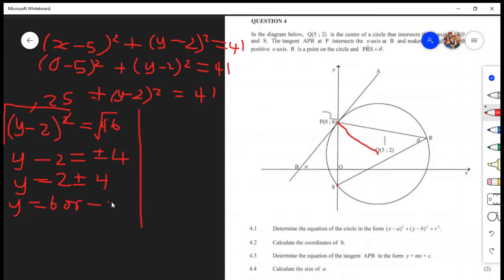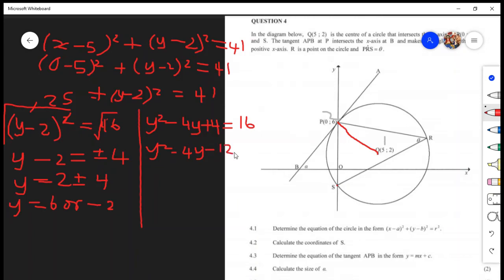Now a second way was, like you said, to expand. So if you expanded, you would have had y squared minus 4y plus 4 is equal to 16, right? You would have transposed the 16 to the other side and had y squared minus 4y. When you transpose the 16, you're going to get 4 minus 16, which will then become negative 12, is equal to 0.